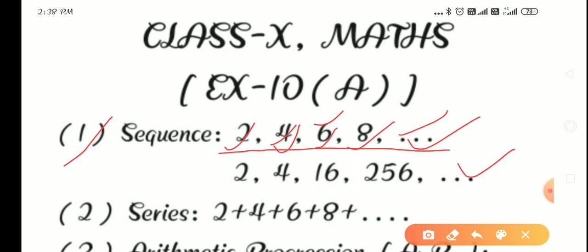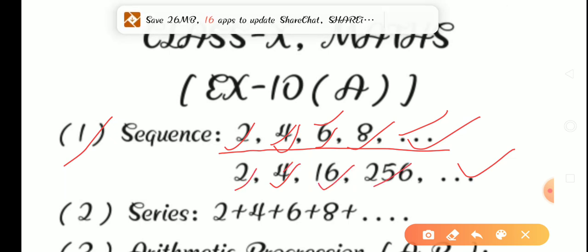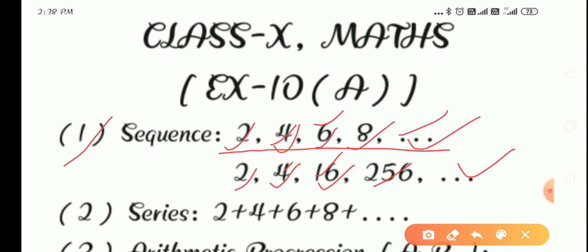Now in the second sequence each term is the square of its preceding term. 4 is the square of 2, 16 is the square of 4, 256 is the square of 16. So now you can see both the groups of numbers are called sequences because they are arranged in a definite order and they are following a certain rule.